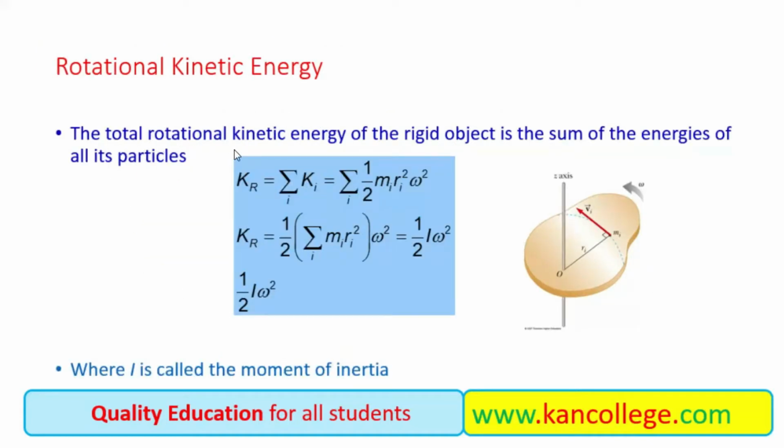The total rotational kinetic energy of the rigid body is the sum of the energies of all the particles.